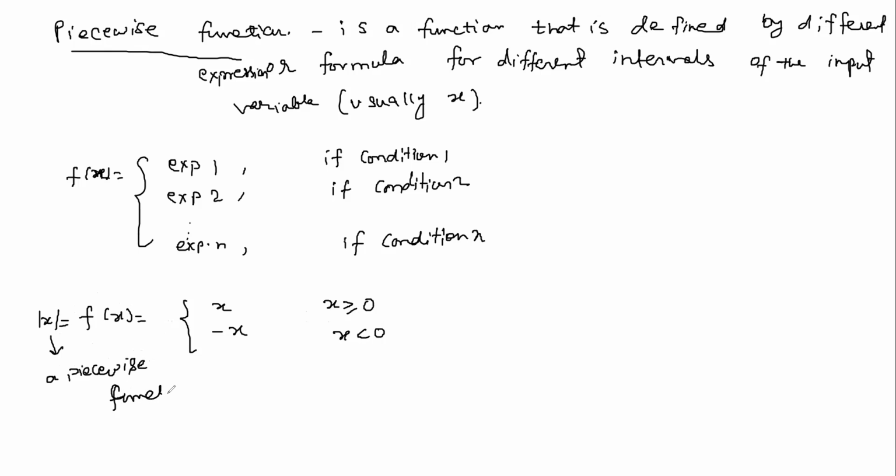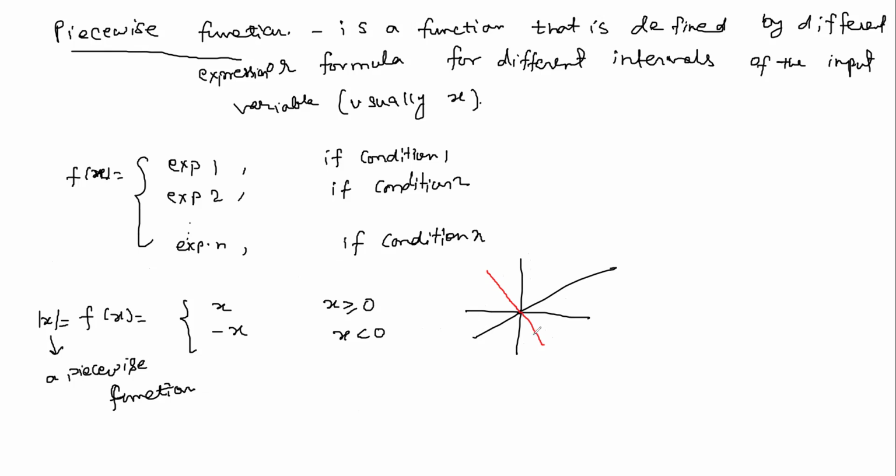So you can say a piecewise function is a function which is represented by different expressions for different conditions. When you plot the diagram, when x is greater than or equal to 0, it is positive x, and when x is less than 0, it is minus x, the opposite of x.